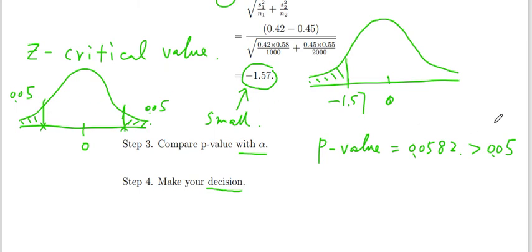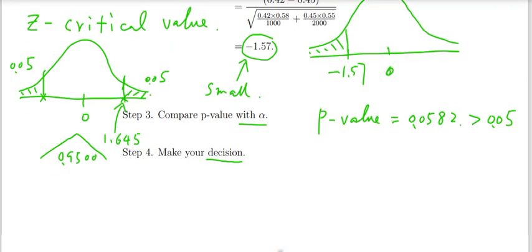So we check where 0.9500 is. We find this number should be 1.64 or 1.65, or 1.645. So this is our critical value, and here it is negative 1.645.